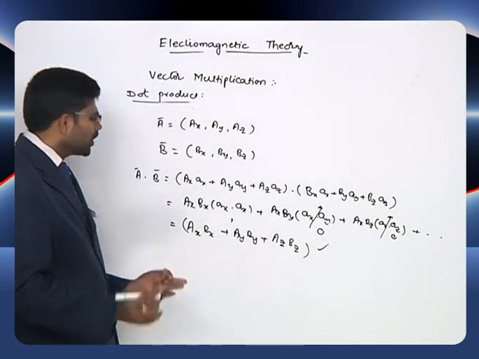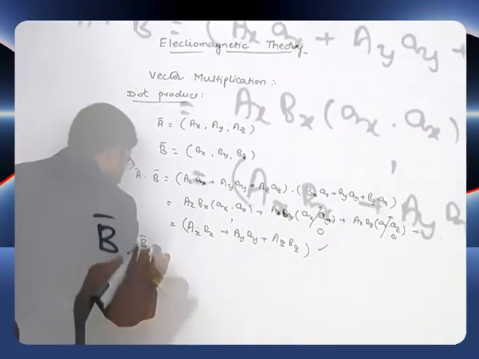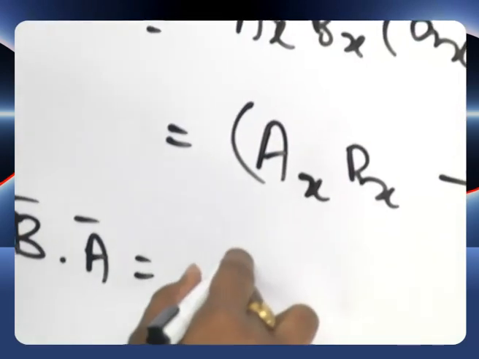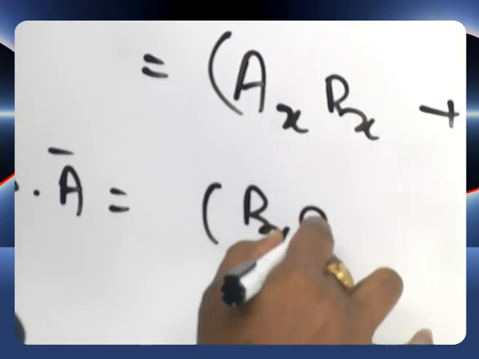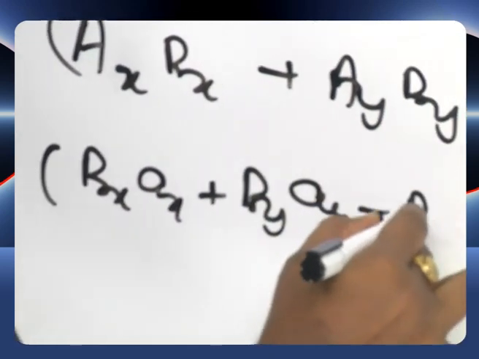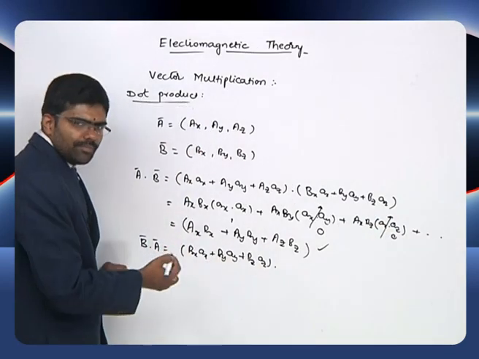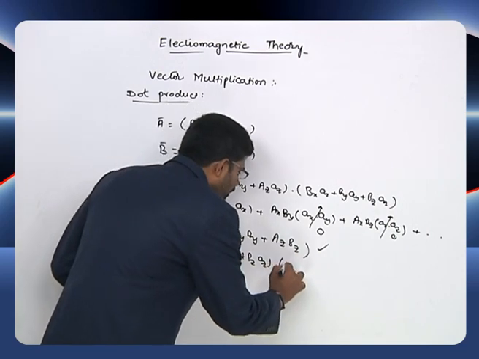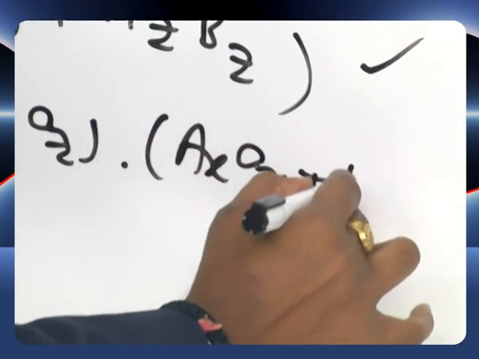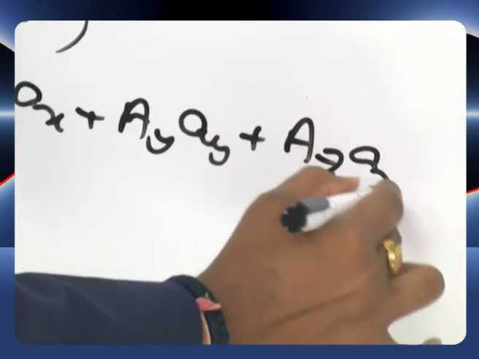Now what happens if we consider b bar dot a bar? Let us consider b bar dot a bar also. Then this is bx ax plus by ay plus bz az, since the vector b was written first, and then the next vector a, ax plus ay plus az.